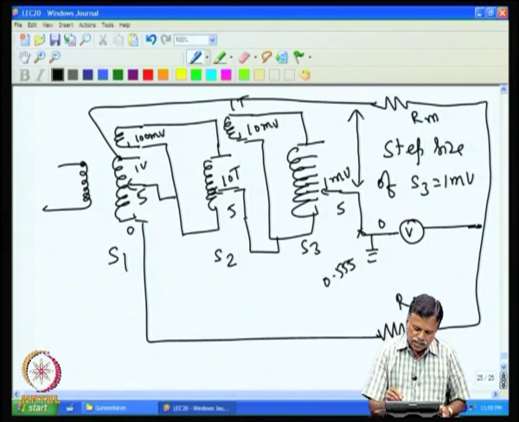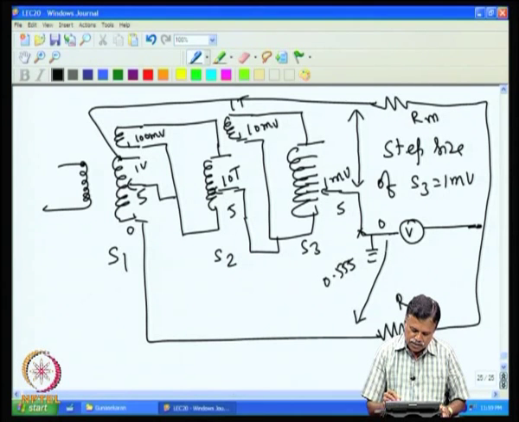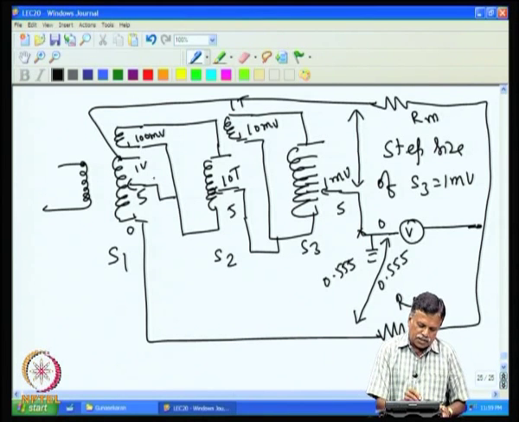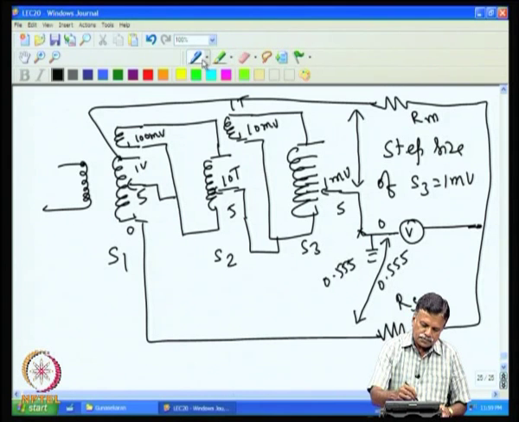Because our interest is the voltage difference between this and this. This voltage is 0.55, and with respect to this point, this is 1 volt. So, with respect to this point, it is 0.55, and if I take this one, this will be 0.45.